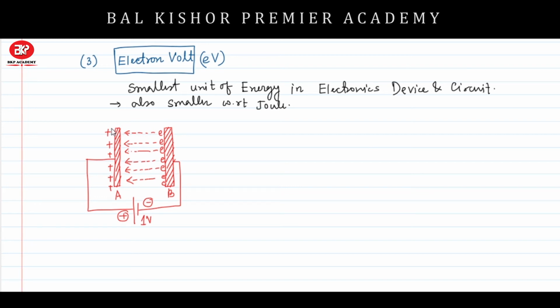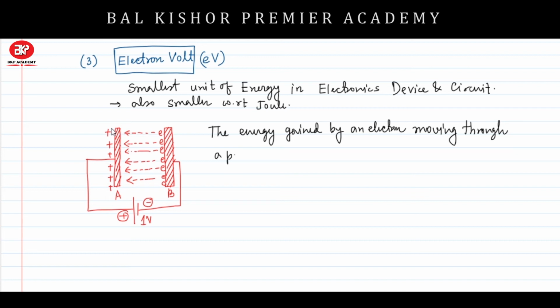The unit is the energy required or gained by an electron moving through the potential of 1 volt.